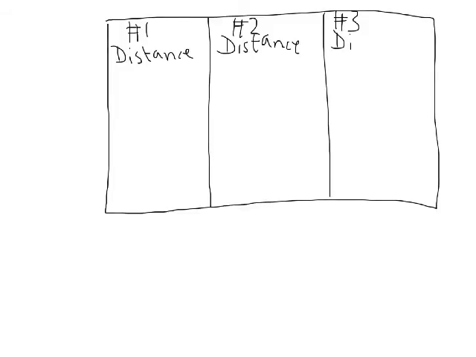So you might have number 1 distance, which is for plane number 1. Number 2 distance for plane number 2, so you'll need to clearly indicate to us which plane number 2 is. Like, is plane number 2 the one made out of cardboard? Is plane number 2 the one with the longer wing or the smaller wing, so that we know? So that's something that you'll need to state clearly. And the distance 3, and then your attempt 1 and your attempt 2 and your attempt 3.